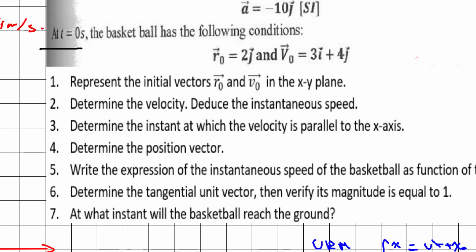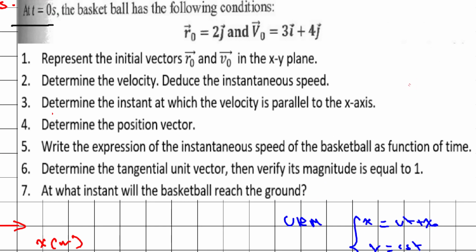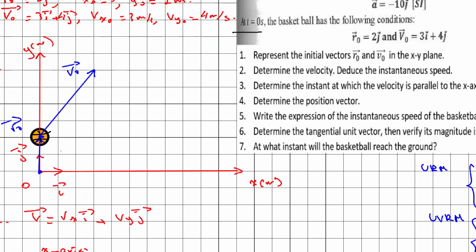Now in part 3 they are telling me to determine the instant at which the velocity is parallel to the x-axis. So in this case we need to determine time, knowing that the condition is that the velocity is parallel to the x-axis.